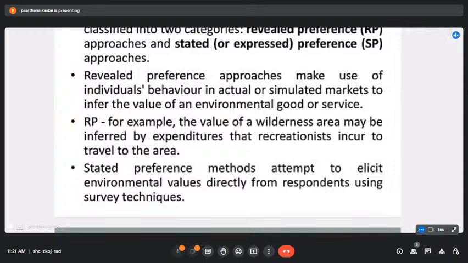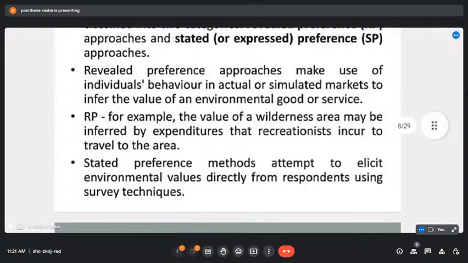For example, the value of a wilderness area may be inferred by the expenditure that recreationists incur in travelling to the area.